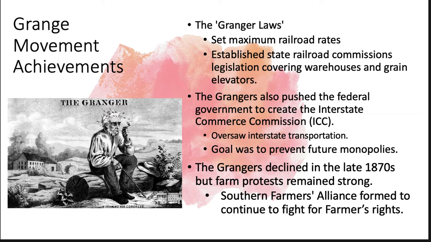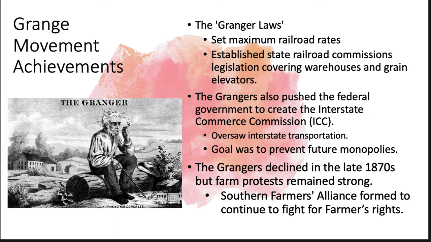This commission, which is a group of Congress members, is going to keep a close eye on the railroads. Their goal was to prevent any future monopolies in the railroad industry, to prevent future farmers from getting their rates set too high by the railroads, to prevent any abuse of the future farmers. So again, the Grangers are getting what they need.